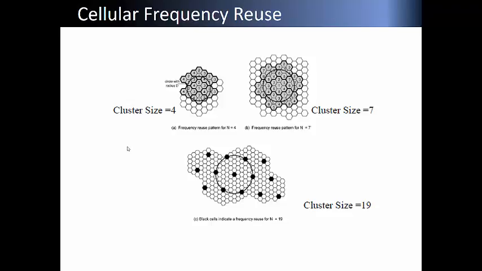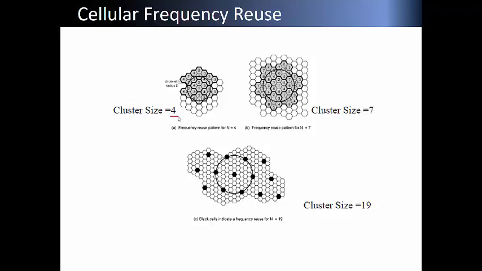What it means is that here, if we have a cluster size of 4, then we have 4 frequencies to be used with no interference.